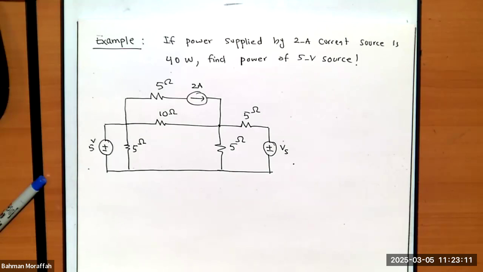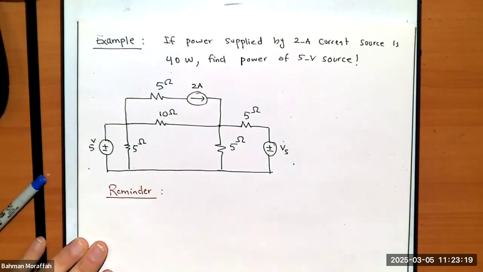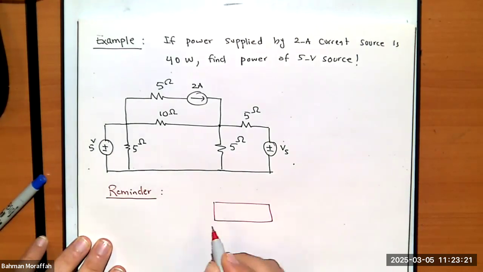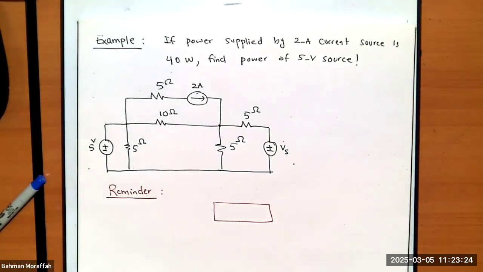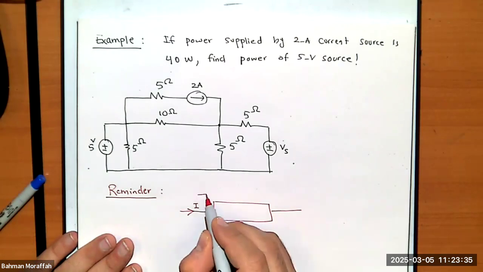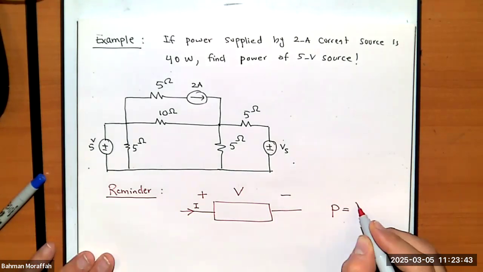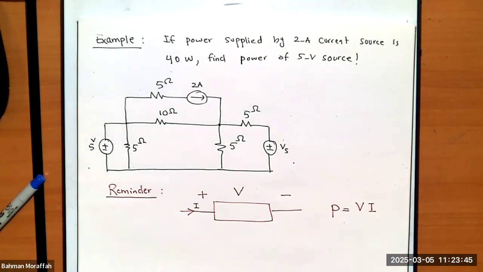So let's quickly go over power and our convention. A reminder: let's say I have some element. This element can be anything, a current source, voltage source, a resistor, any element, right? I have some current going through it this way, and let's say voltage across it is V. We know power for this element is always VI, right?